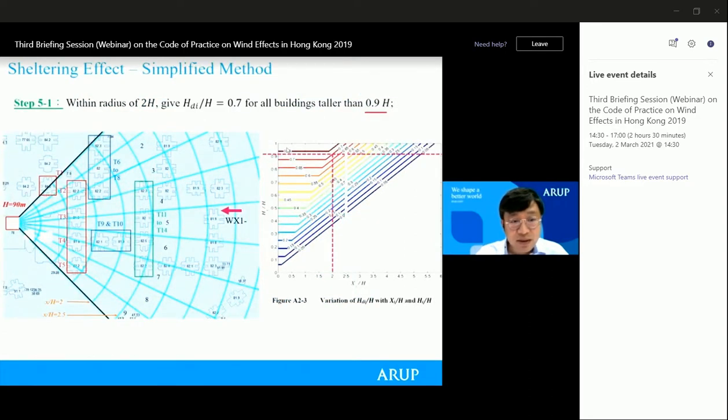Next, we are going to start to calculate the sheltering effect.